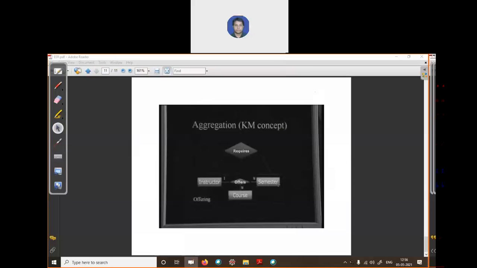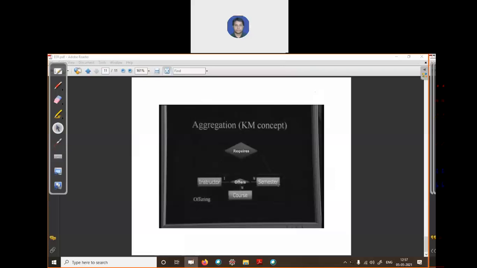The next concept is aggregation. If you think about it, generalization and specialization are nothing but abstraction. We are abstracting our entity types and relationships into a single unit.